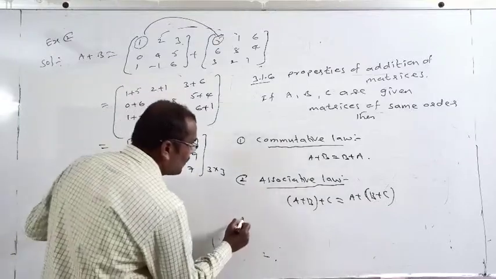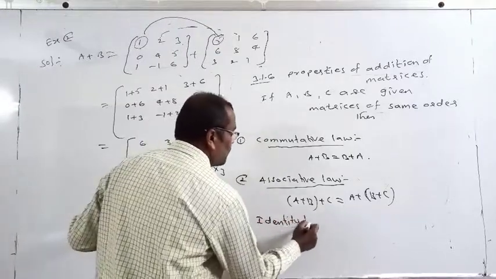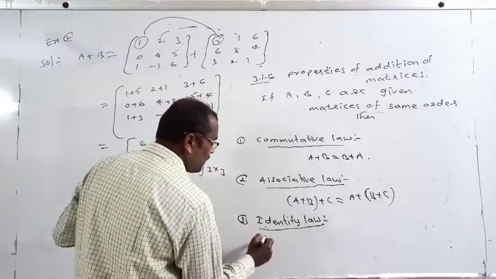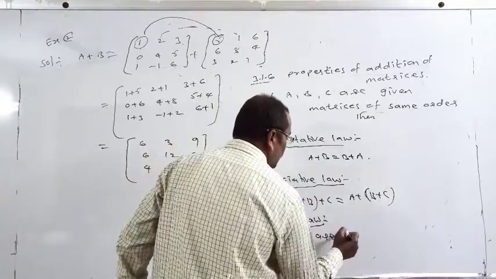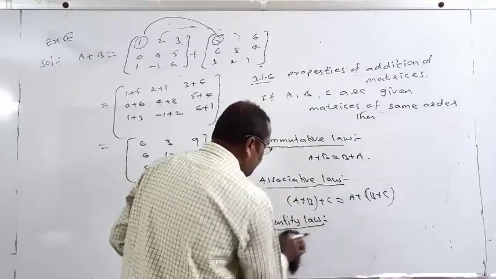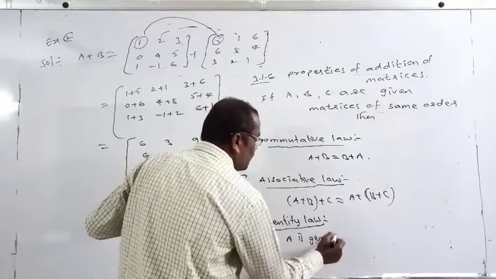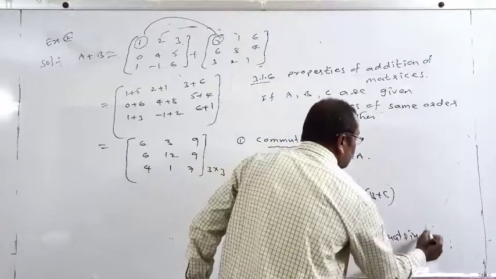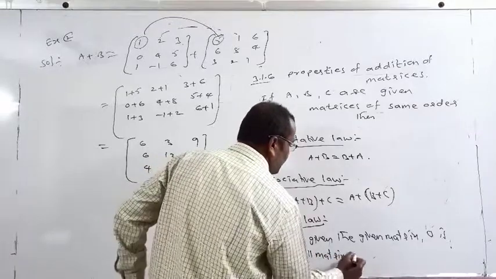Number 3, identity law. If A comma O are two matrices, if capital A is the given matrix and O is the null matrix of the same order.